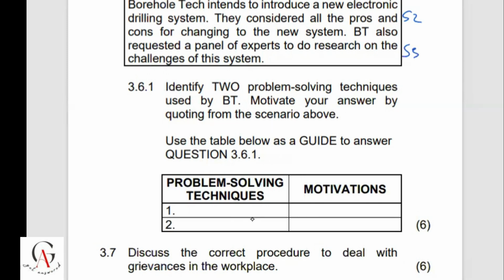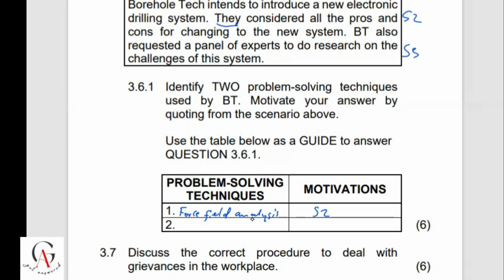Okay, so now if you check sentence 2, where it says they considered all the pros and cons for changing to the new system, this is nothing but force field analysis. This is the force field analysis approach.